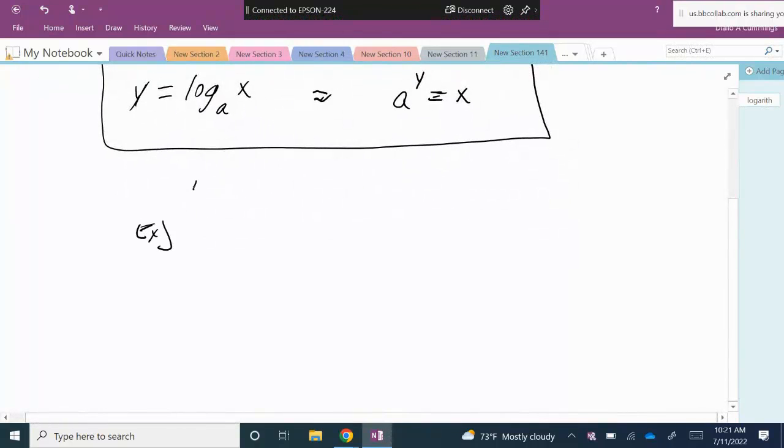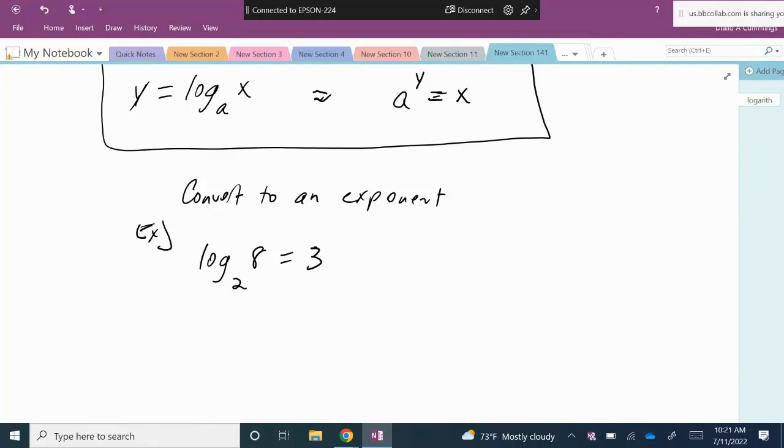We want to convert to an exponent. So we have log base 2 of 8 is equal to 3. And we want to convert this to an exponent.